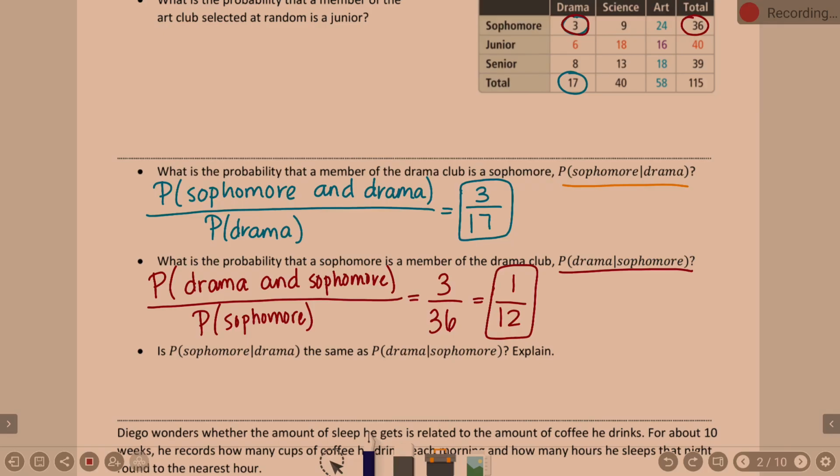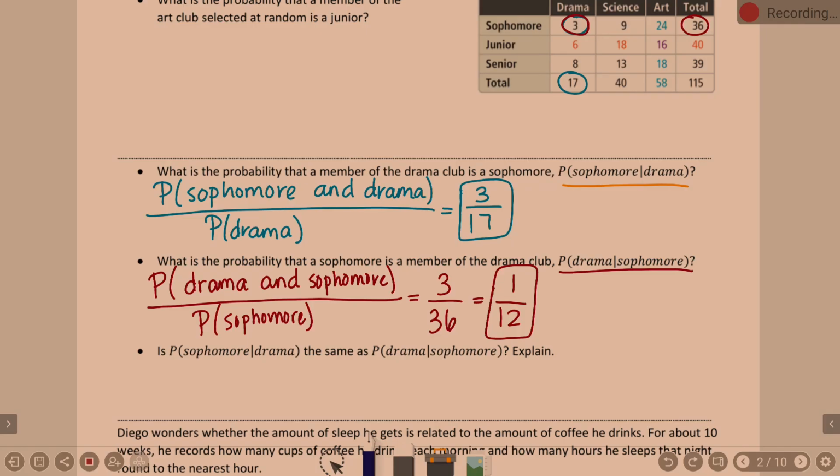Because there are more sophomores than drama club. Okay. Well, there's 3 dramas and sophomores, right? But there's more sophomores than drama club. And you're comparing to sophomores here. Up here, we're comparing to drama club members, right? Okay. So it all has to do with what you're comparing.